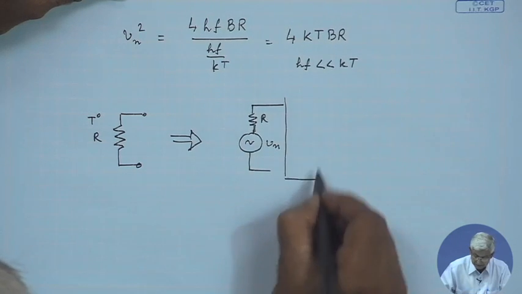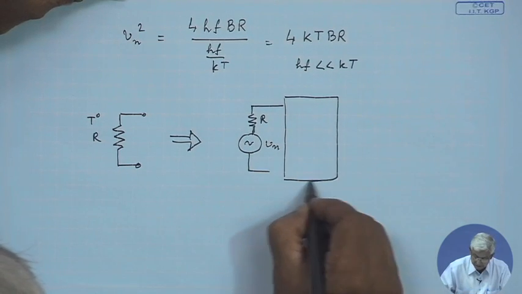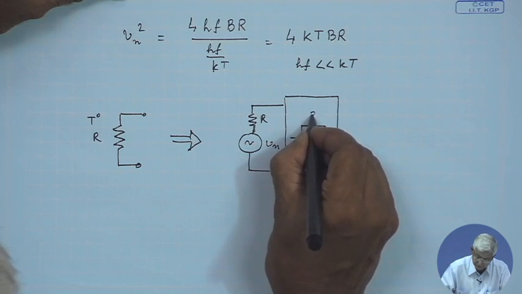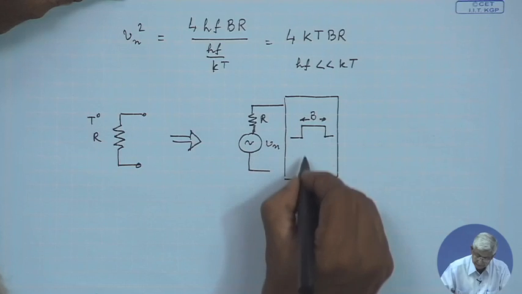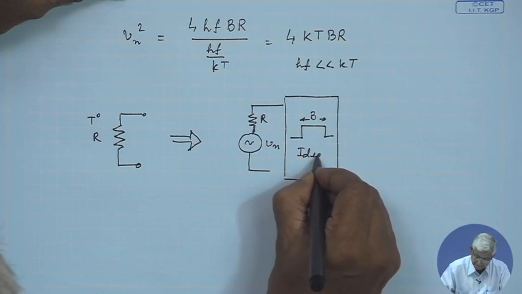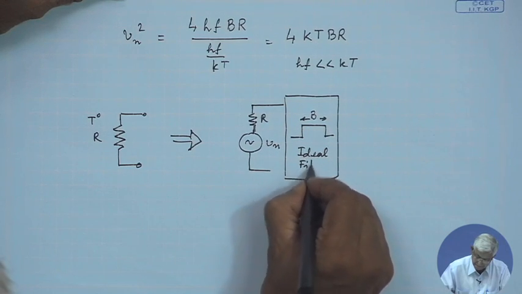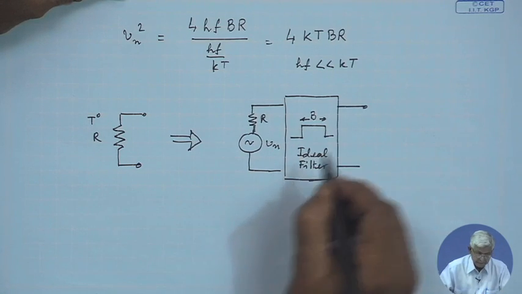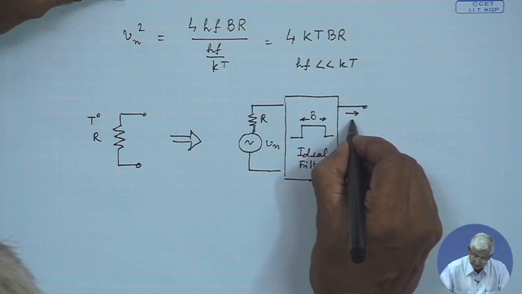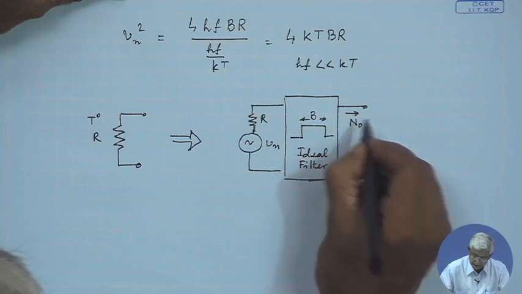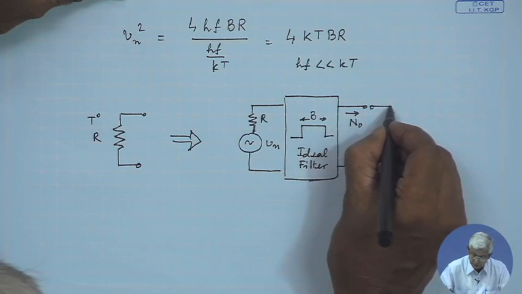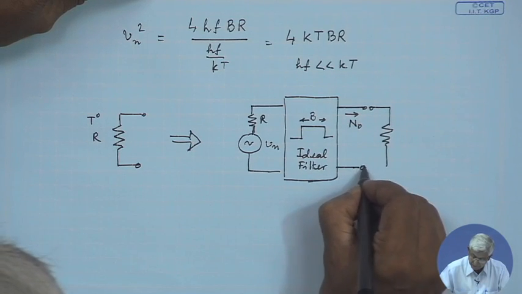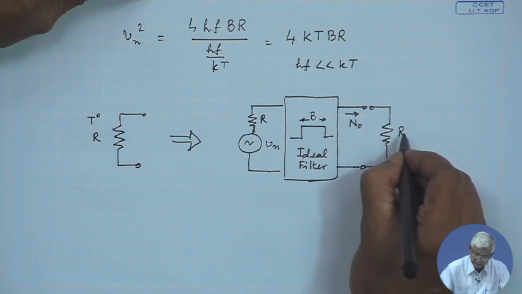The voltage is filtered by an ideal band pass filter of bandwidth B hertz. This is an ideal filter. Then the output is the noise power. That noise power can be transferred maximally if the load resistance is the same as R.